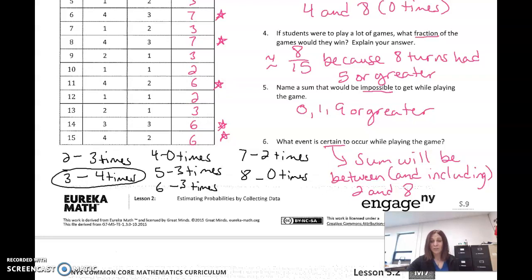We can't be certain which one's going to be picked, but we can be sure it's going to be 2, 3, 4, 5, 6, 7, or 8, because it's impossible to get any other number. So in terms of probability, as we move on, we're going to start collecting data and figuring out what the chances are that something we want to happen is going to happen.